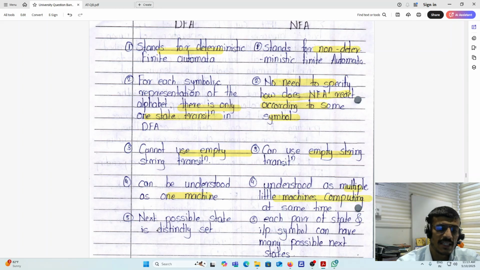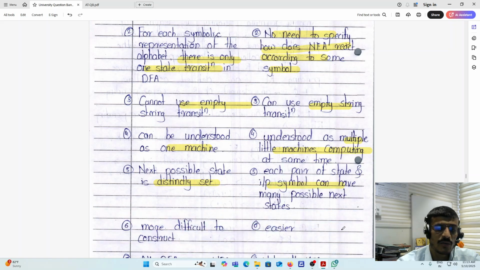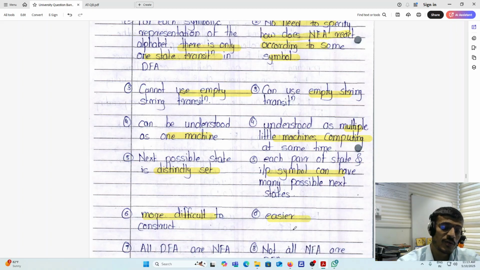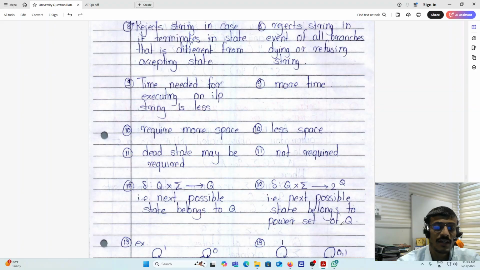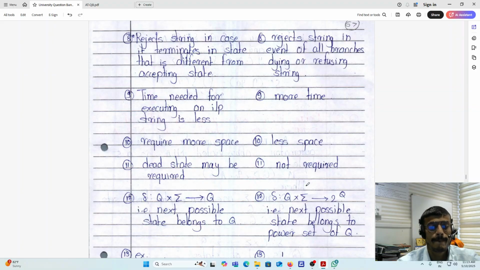In a DFA the next possible state is a distinct set; in an NFA the next possible set is not distinct. A DFA is more difficult to construct, an NFA is easier to construct. All DFAs are NFAs, but all NFAs are not DFAs. So these are the differences.